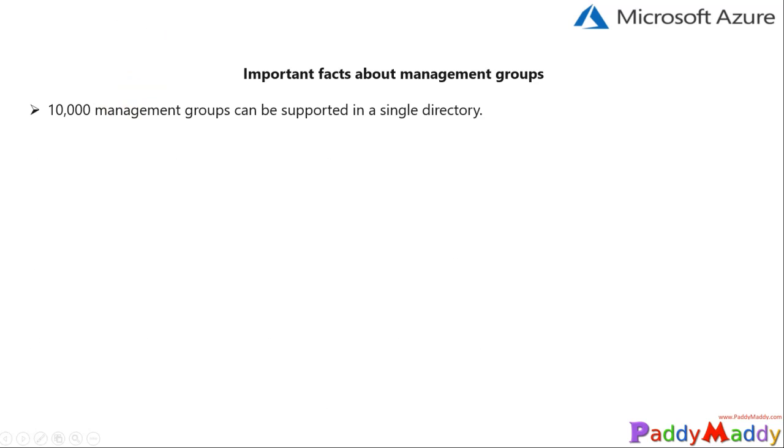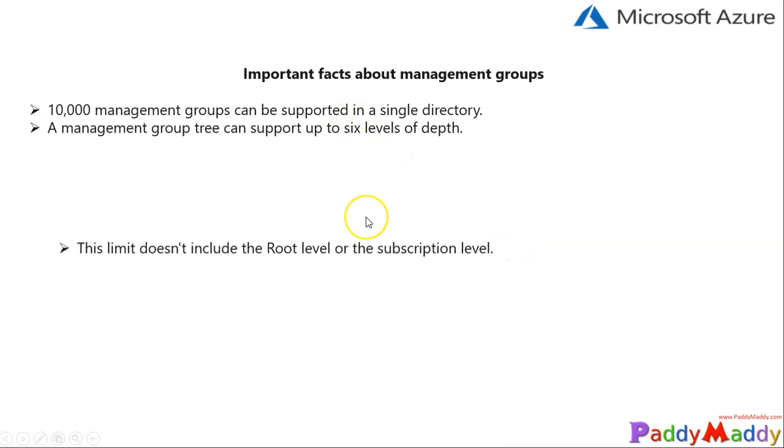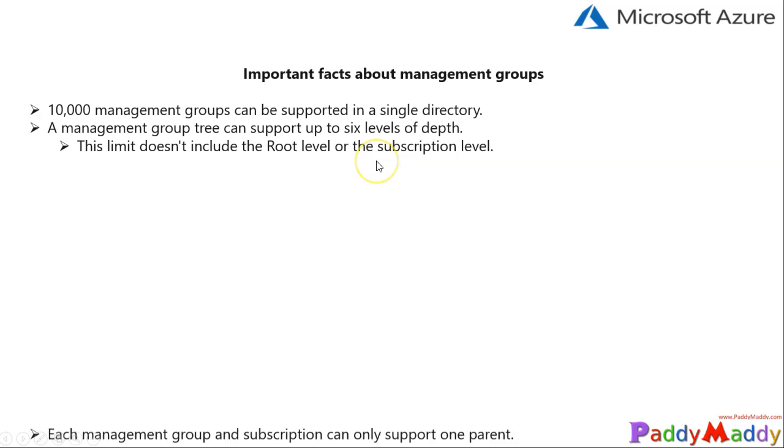The first one: up to 10,000 management groups are supported in a single Azure tenant. Also, a management group tree can support up to 6 levels of depth, not more than that, excluding the top root level.